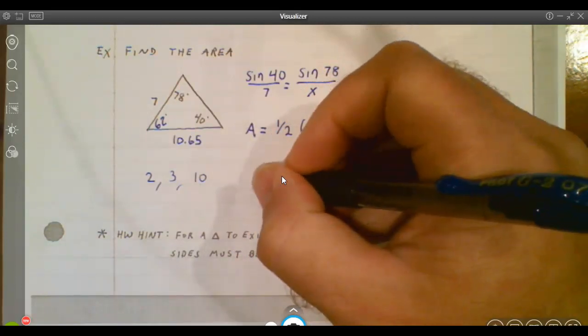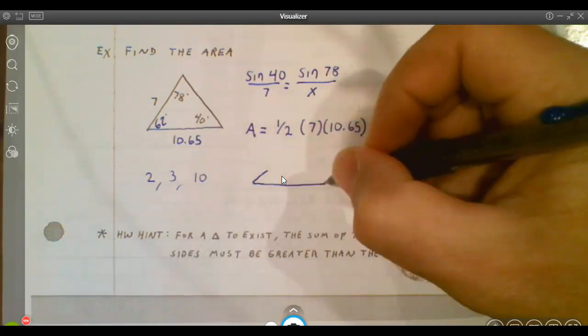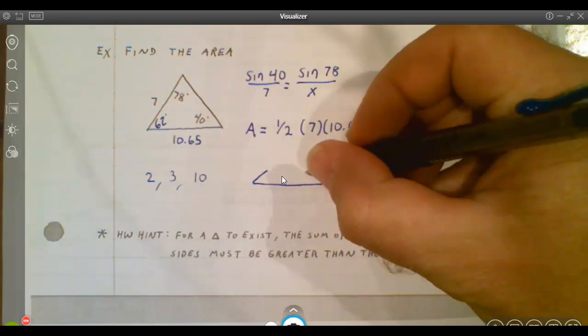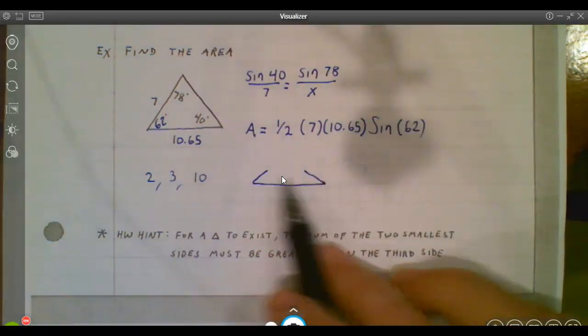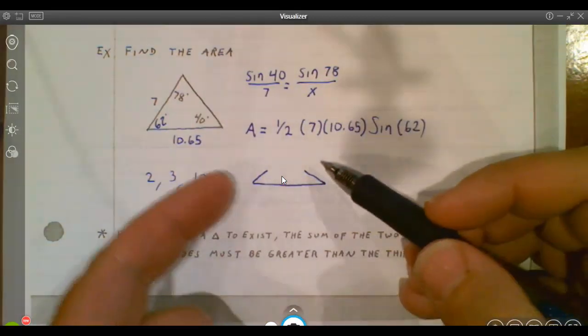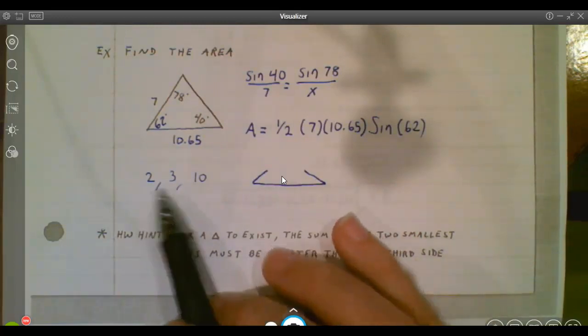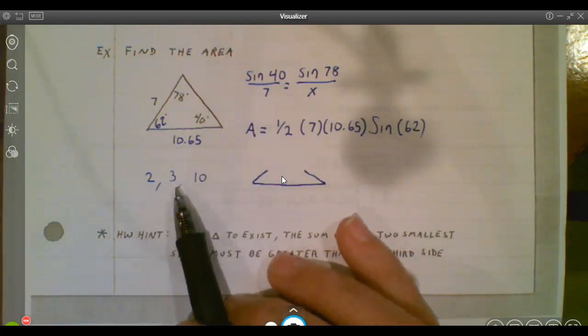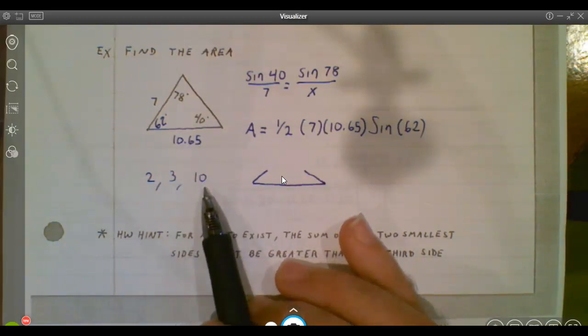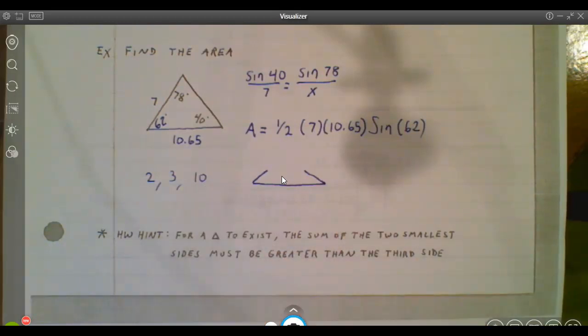This side is 2. This side is 3. These sides will never come together. No matter how low I bend them, they'll never meet. I can never create a triangle with those sides. So the rule is, in order to even have a triangle, the two smaller ones have to add to more than the third side. Just a helpful homework hint. But other than that, we are done with chapter 5.